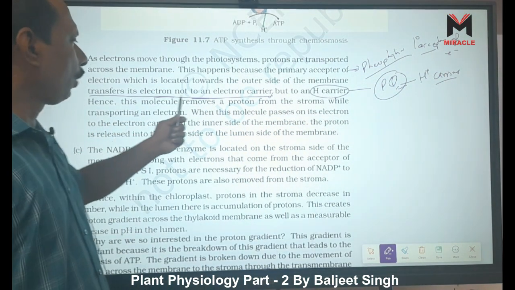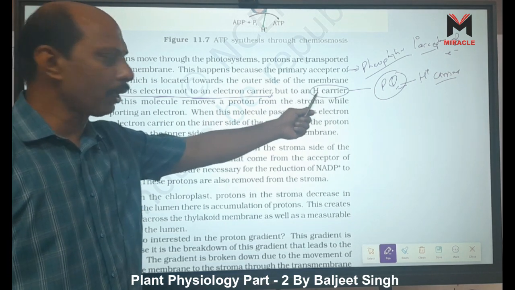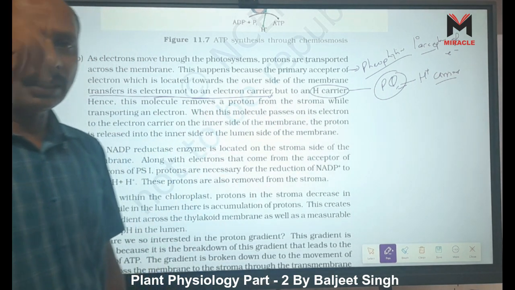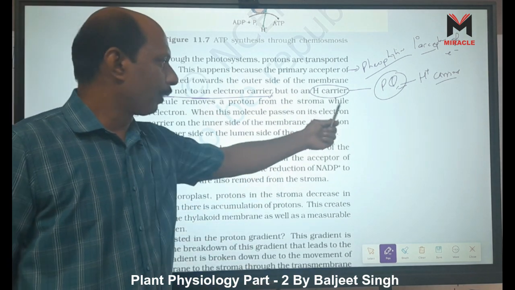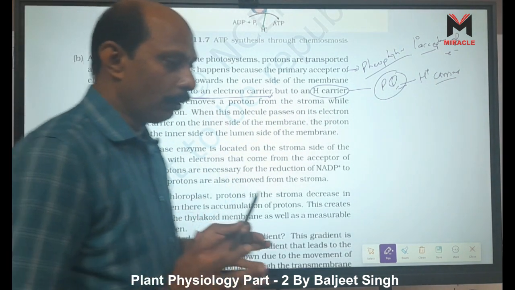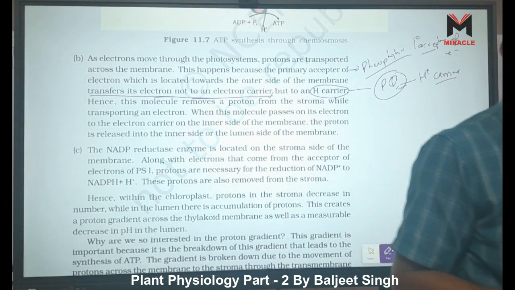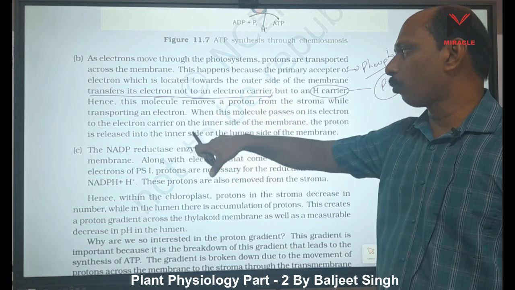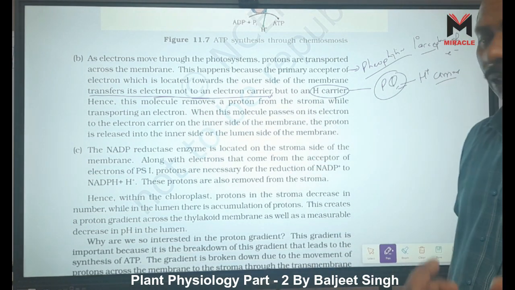Hence, this molecule removes a proton because it is a hydrogen carrier. It also removes a proton from the stroma, which is outside the grana, while transporting an electron. Through this transportation, it carries a proton from stroma to lumen.